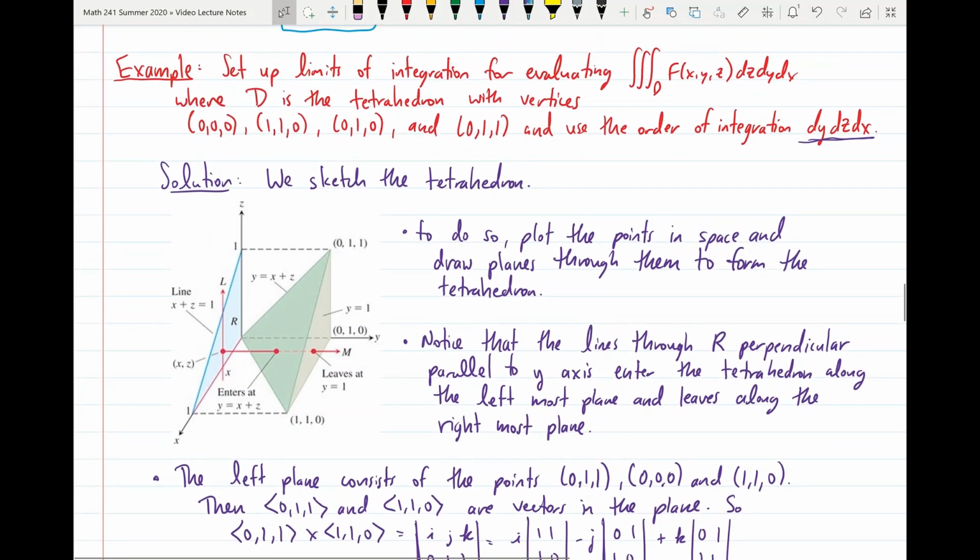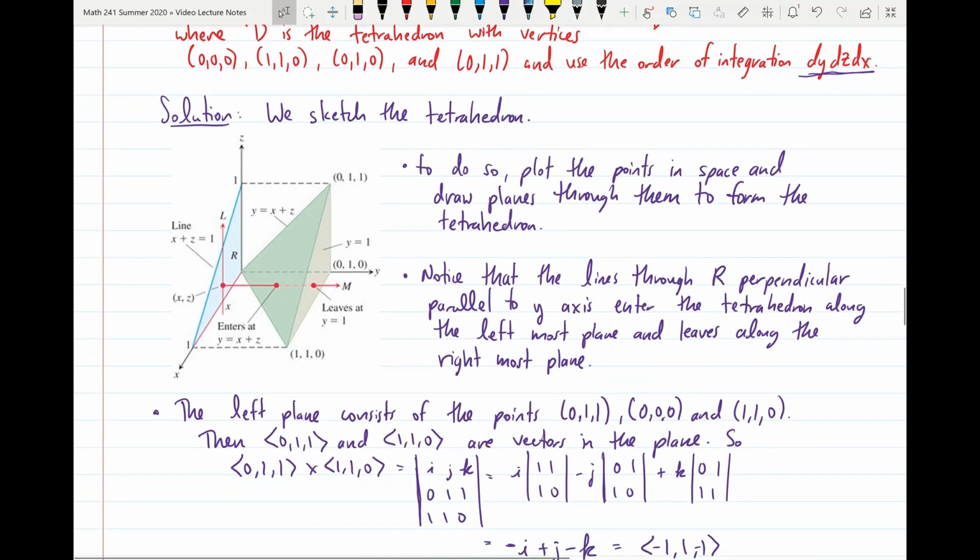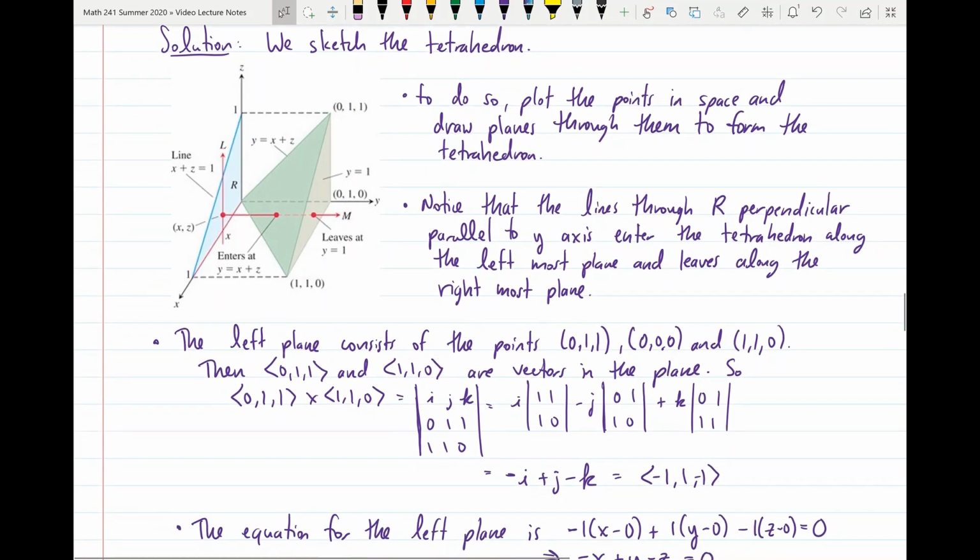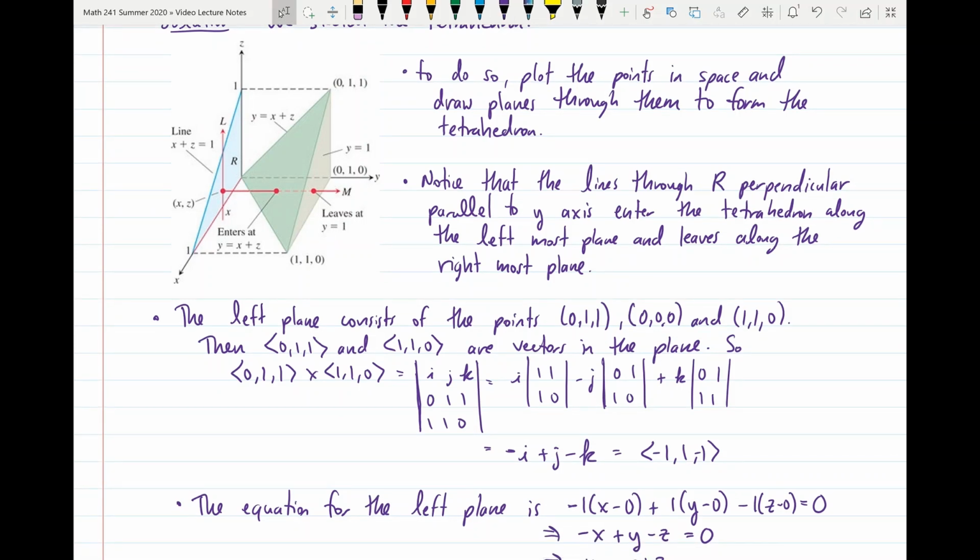Okay, so we are integrating with respect to y first, and then z, and then x. So the first thing we want to do is find limits of integration for y. If we draw a line that's parallel to the y-axis, this line is going to enter the tetrahedron along this green plane, this kind of green triangle on the left, and it's going to exit the tetrahedron through the rightmost plane, maybe a lighter green plane that shows up on the right of the tetrahedron.